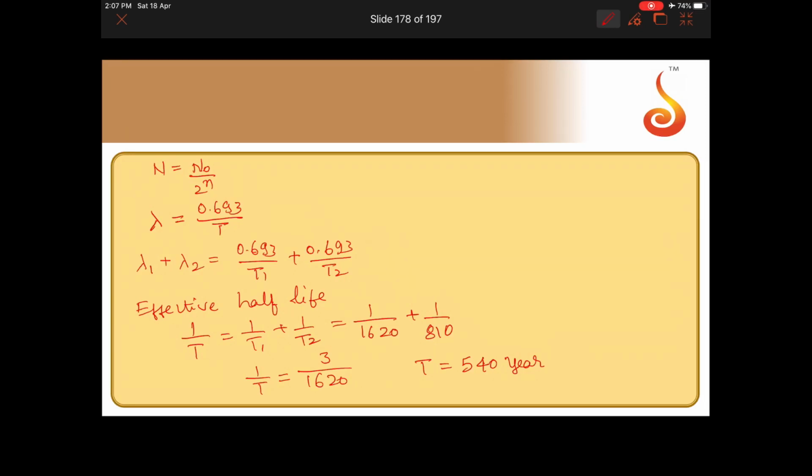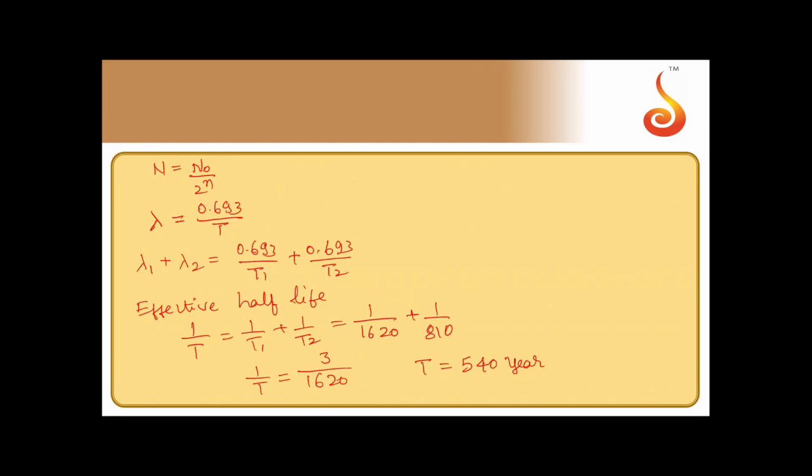Now they are asking the time in years after which 1/4 of the material remains. For N to become N naught by 4, the number of half-lives elapsed should be equal to 2. So the time is 2 into T, that is 2 into 540, that is 1080 years. That is option D.